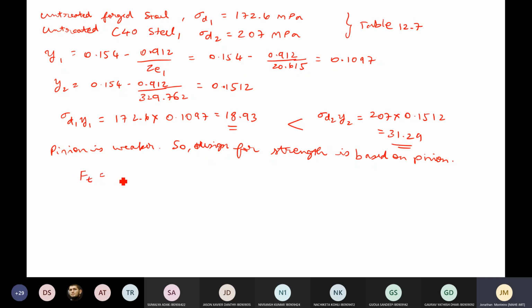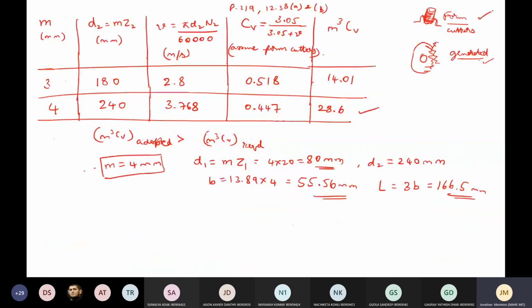Ft is equal to sigma d Cv b, I'll write the extended form, pi into y m times L minus b by L. This formula we have used previously also. Let me go back and recap.